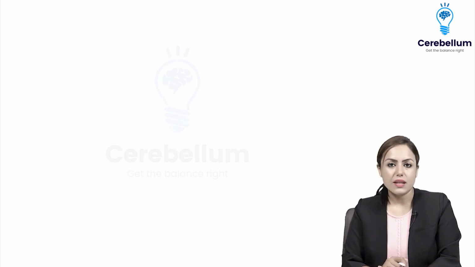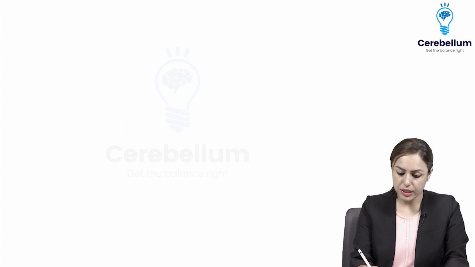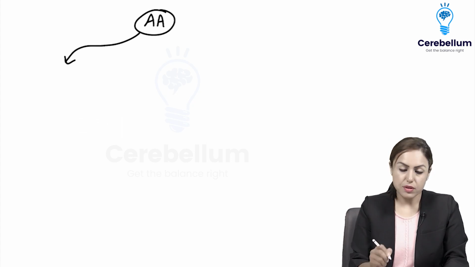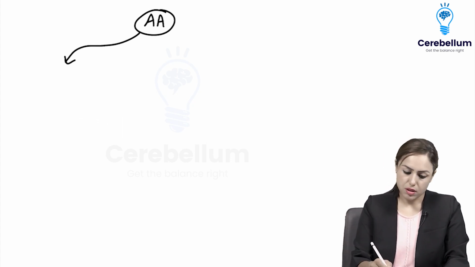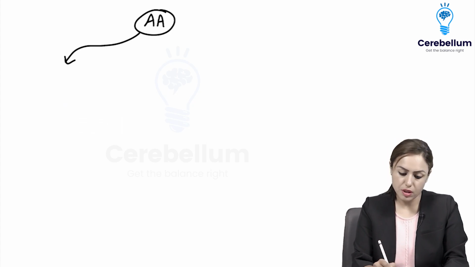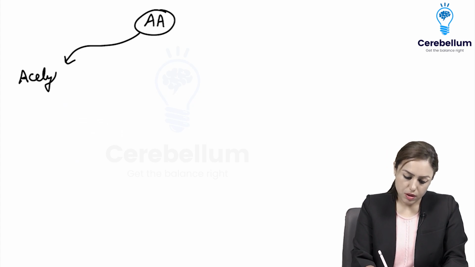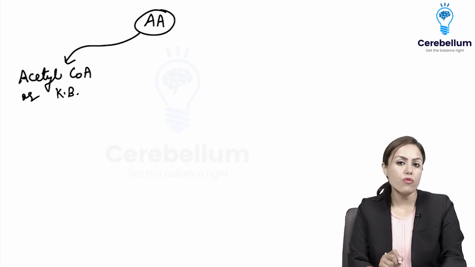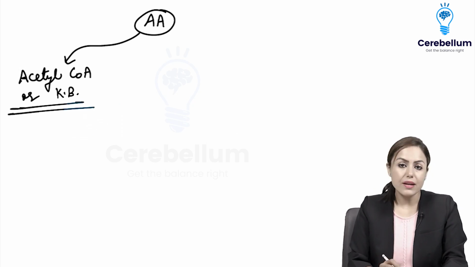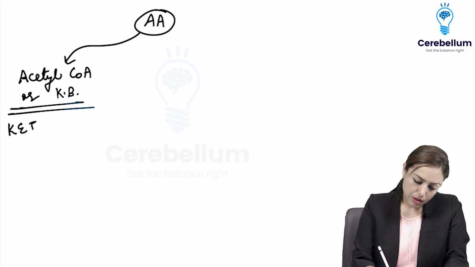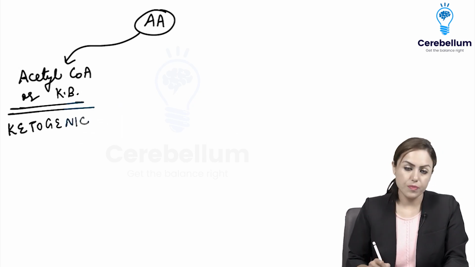Now next, let's learn which amino acid is glucogenic, which is ketogenic, and which is in both categories. I will help you learn this very easily. Any amino acid for which, in the end of its catabolism, we get acetyl-CoA or ketone body, that amino acid is considered ketogenic, right?